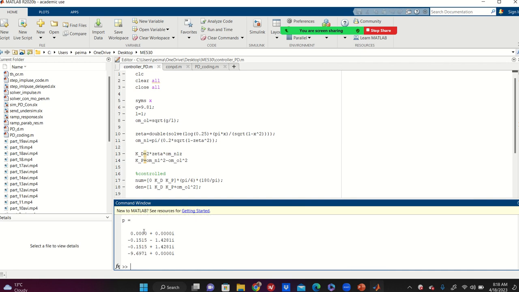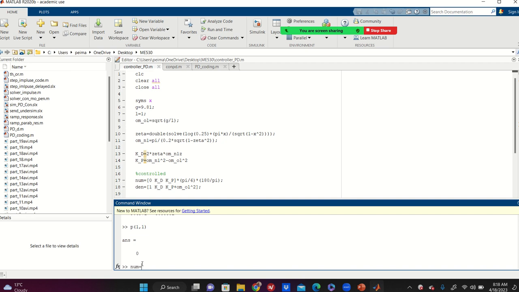You see, your system has one of the poles at the origin. Your system has a pole on the origin, meaning on the imaginary axis. So if I plot this, I say step, let me do that.